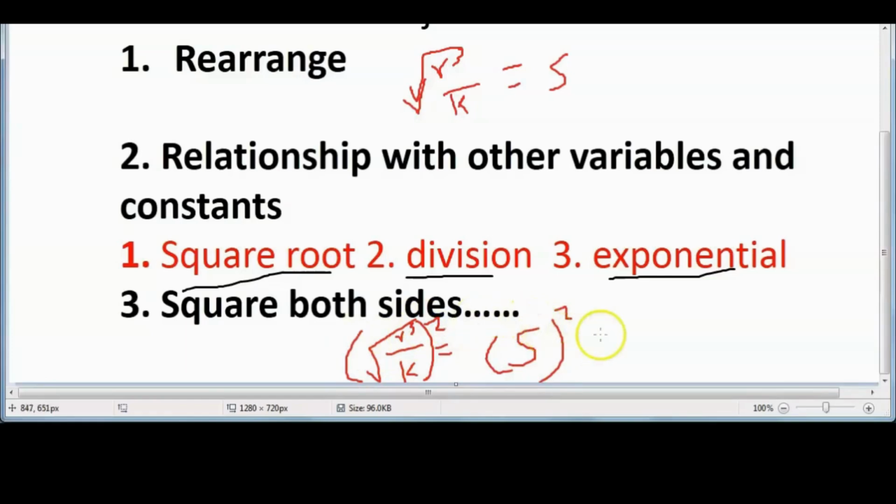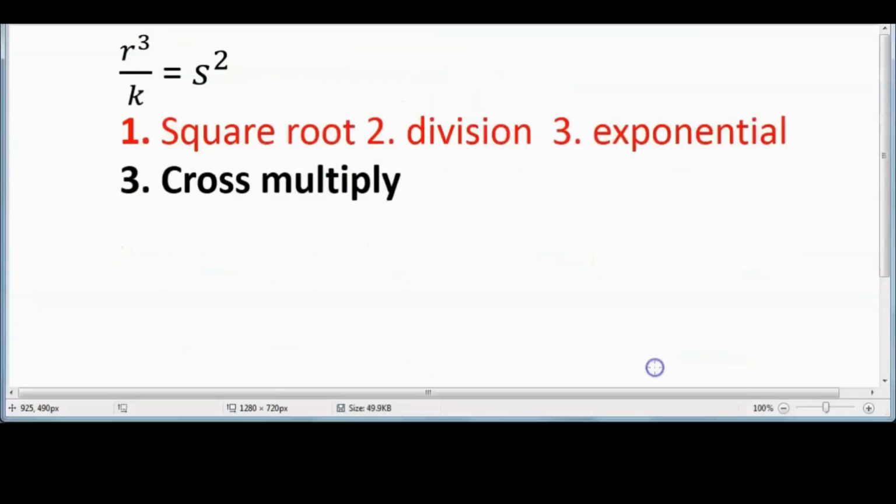At the end of which we end up with r cubed over k, which is equals to s square. So we are done with square root. Next, we remove division. We remove the divisor k by cross multiplying.